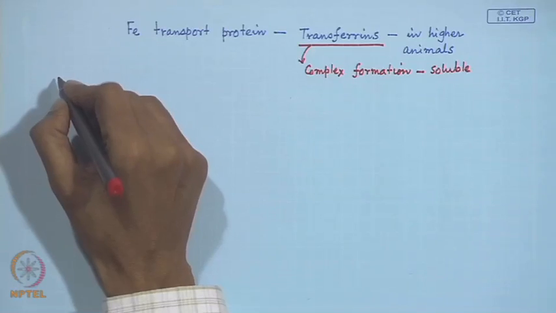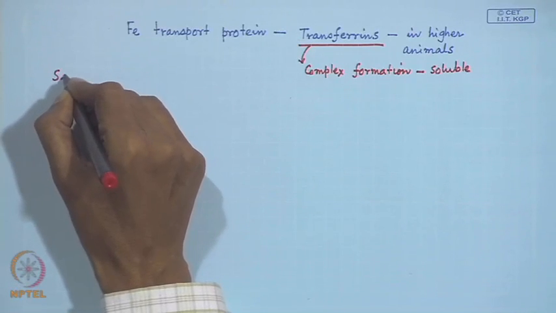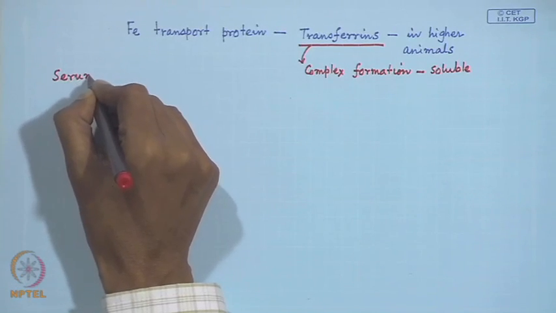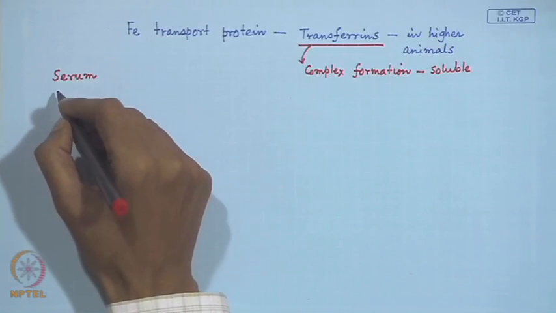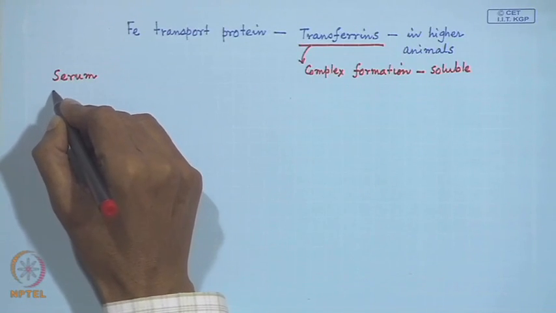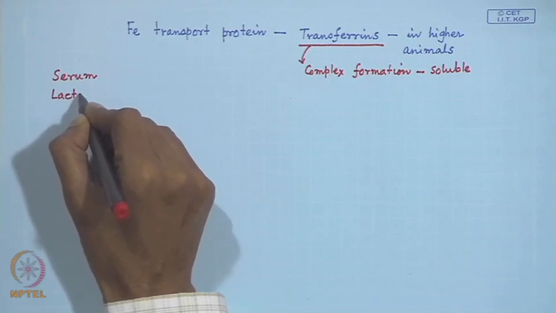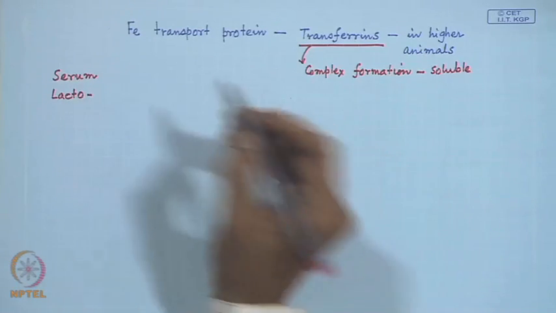So, there are several such transferrin molecules available. When they are present in our blood, they are known as serum transferrin. When they are present in milk, they are known as lactotransferrin.